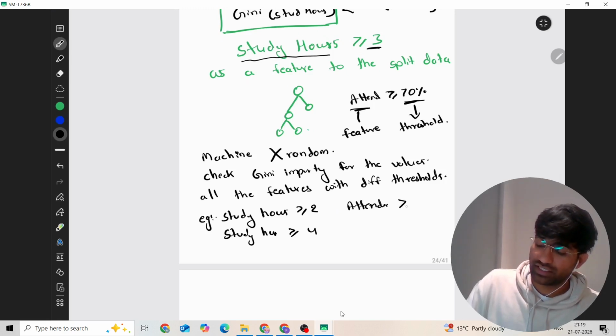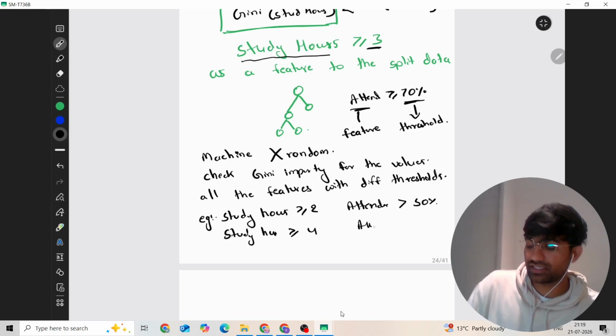Attendance greater than 50%, attendance greater than or equal to 60%.